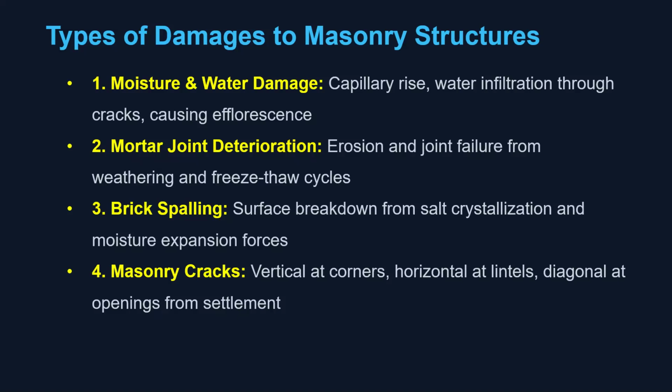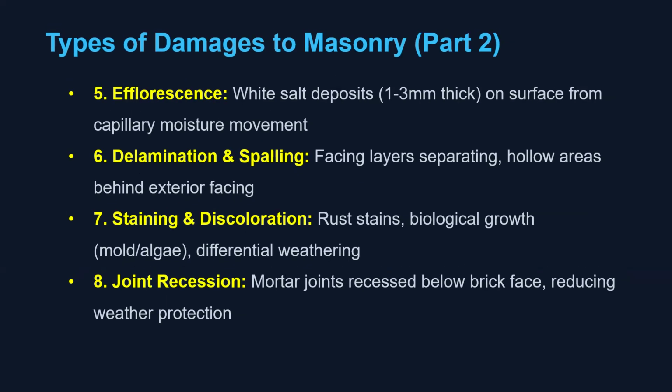If you have not watched that video, I strongly recommend watching those two videos. For example, we could notice cracks at corners, horizontal cracks, especially at lintels, and diagonal cracks at openings. It is because of settlement. These come under cracks in masonry.